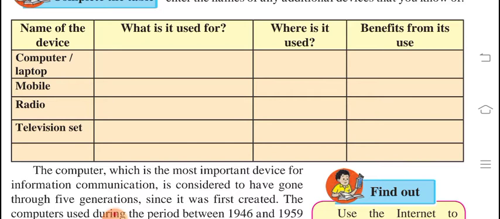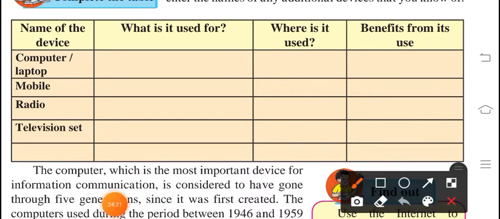Where is it used? Obviously at job places and all, with your school work. Benefits from its use? Yes, obviously good. Mobile, tell me the mobile work where you are using. Just write down your ideas for these devices in your notebook, and send me a picture of the same. Okay.